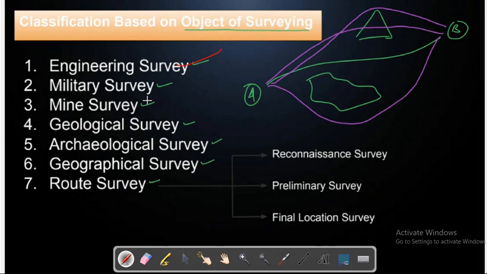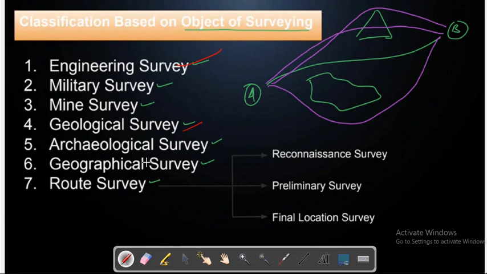Then mine survey, done for mining purposes. Next, geological survey for geological structure, where the mountains, terrain and hills exist.